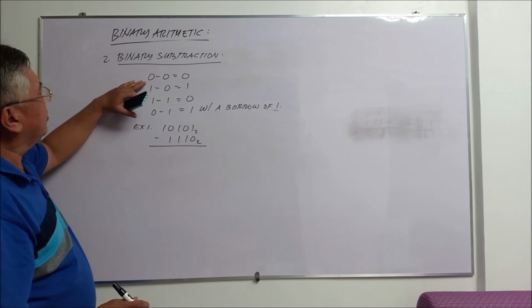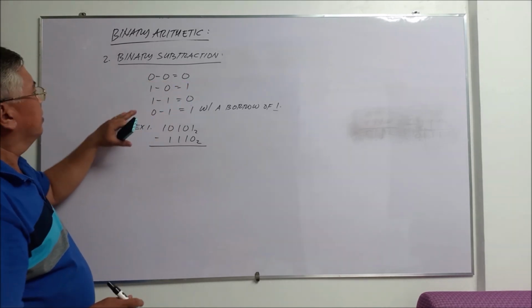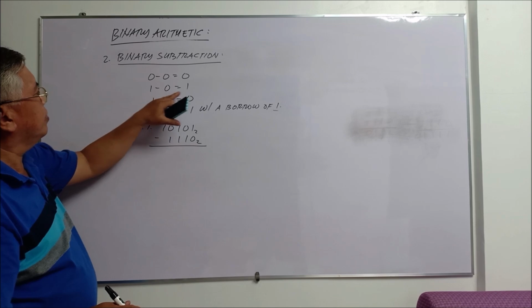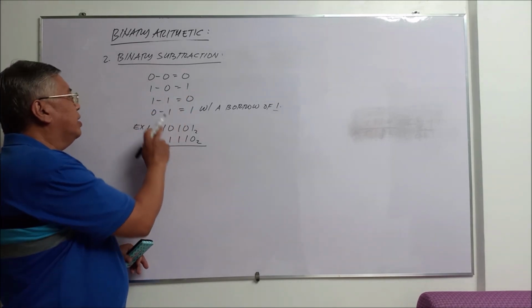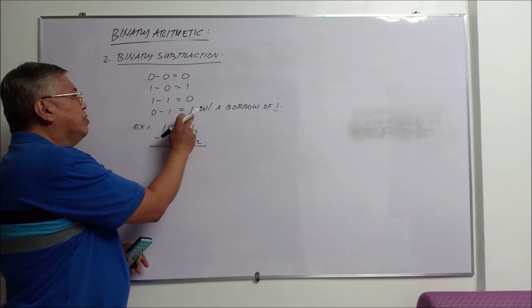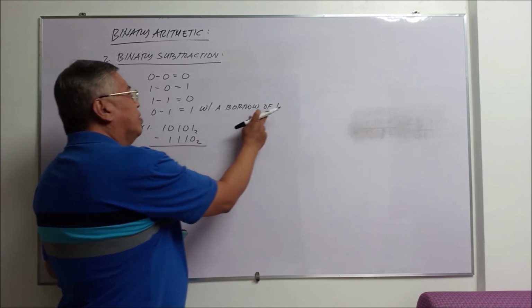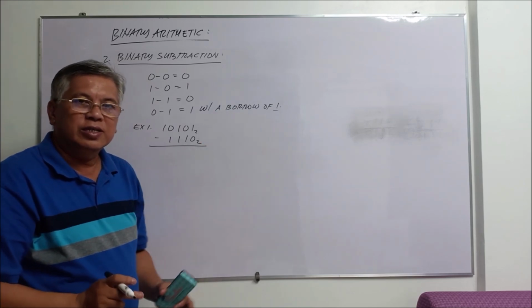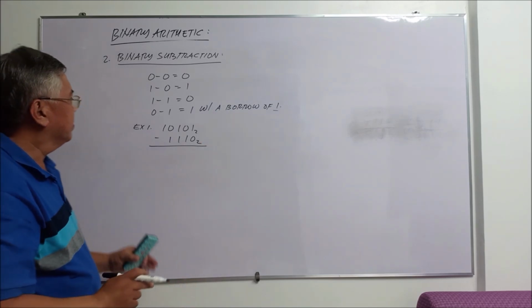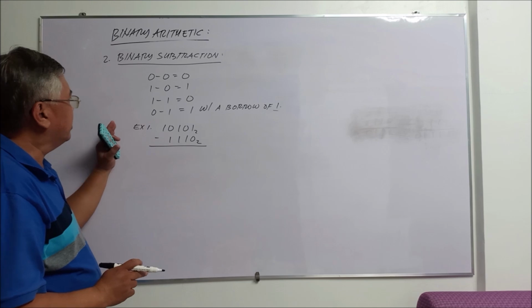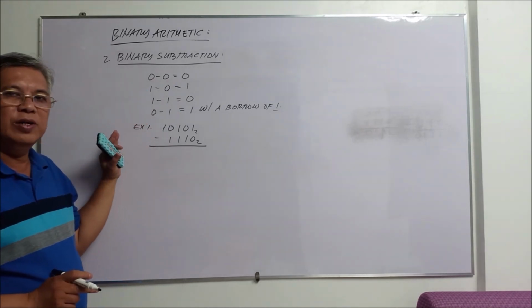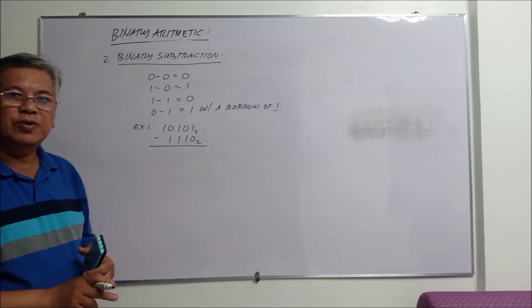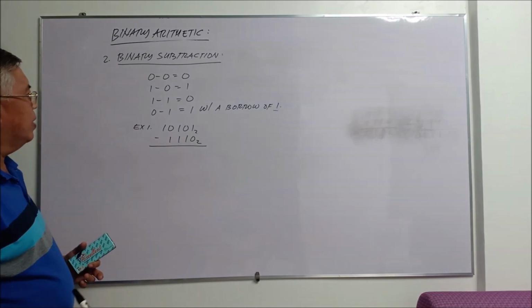You have 0 minus 0 is 0, 1 minus 0 is 1, 1 minus 1 is 0, and 0 minus 1 is equal to 1 with a borrow of 1 on the next digit. Okay? So let's use this table with our example number 1.